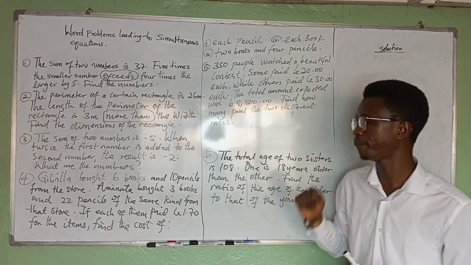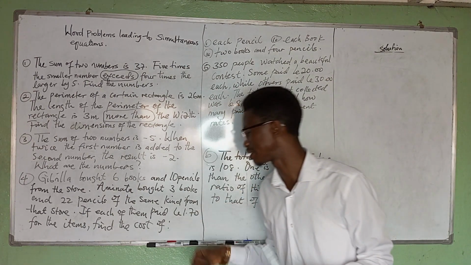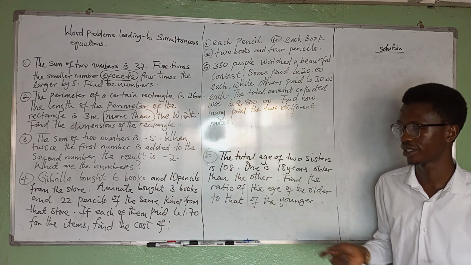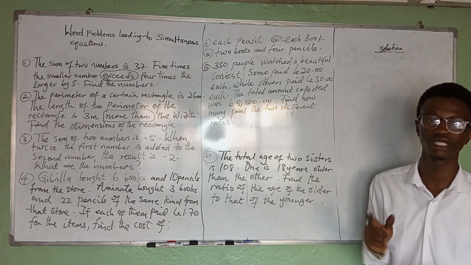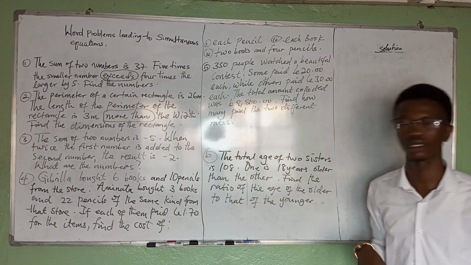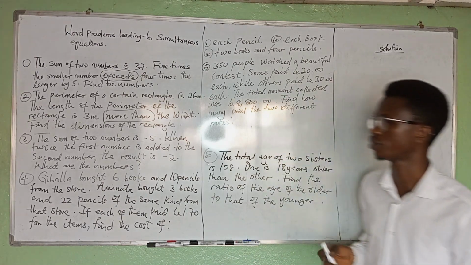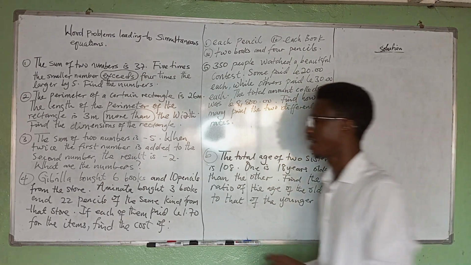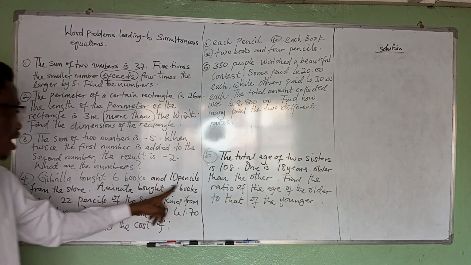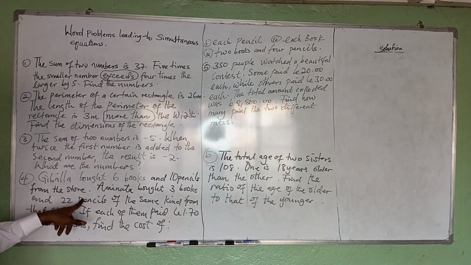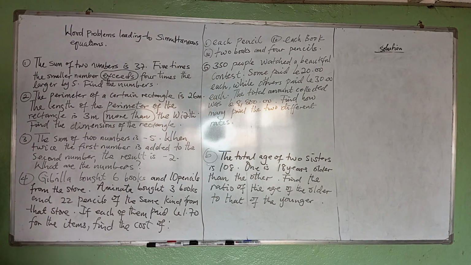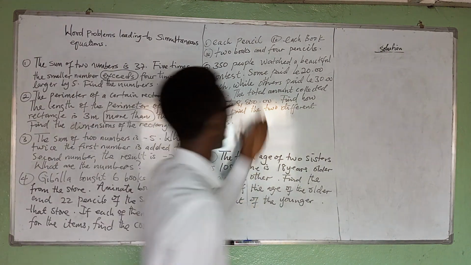If each of them paid 1.7 million for the items, find the cost of each pencil, each book, 2 books, and 4 pencils. Okay, so now we come back to the question. It says Jibrila bought 6 books and 10 pencils from the store, and each of them cost.